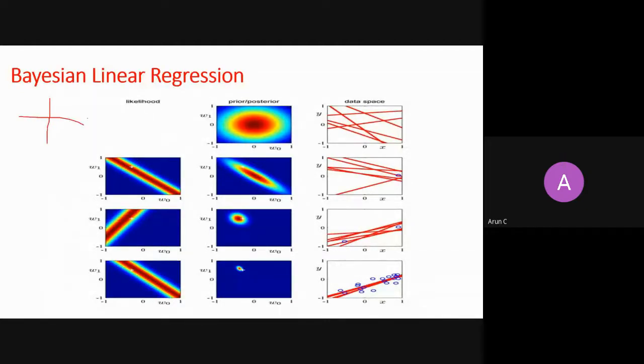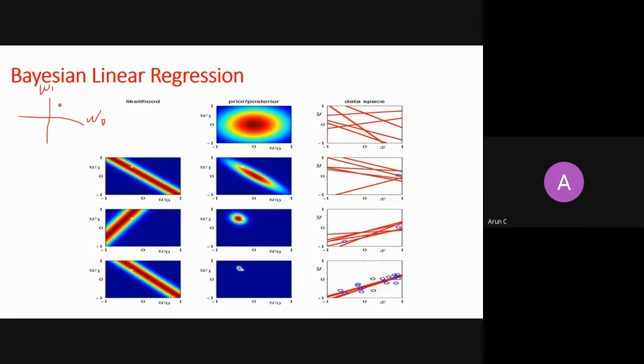For simplicity, let's say I am fitting a line to my data set. Then my parametric space is of two dimensions, because a line has two parameters: the intercept, which I call W0, and the slope, which I call W1. So every point in this space is a line. This is a parametric space.